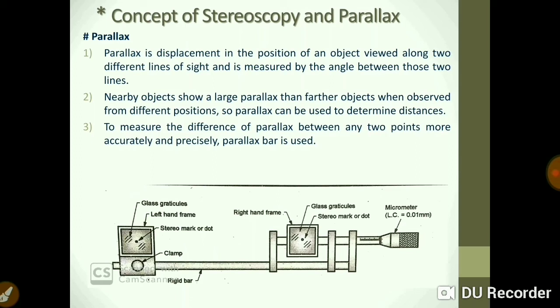By using that we can find out the parallax difference, and we are going to use the parallax difference to find out the height of an object. The experimental procedure is part of the practical, so I am not going to explain it in detail. At this level, just understand that the parallax bar can be used to find the difference in parallax between any two points.